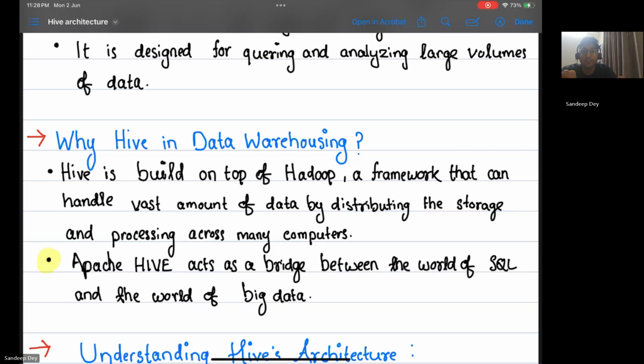And Hive is a bridge between Hadoop and the world of SQL, so that any SQL query will be read and the data retrieved from Hive. Now I guess it makes sense. Hive is a bridge between the world of SQL and the world of big data. As simple as it is.